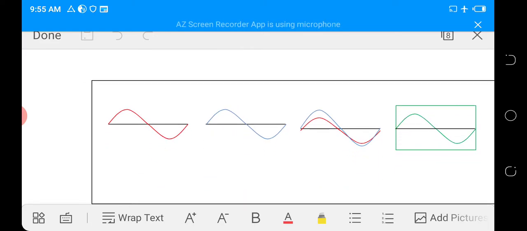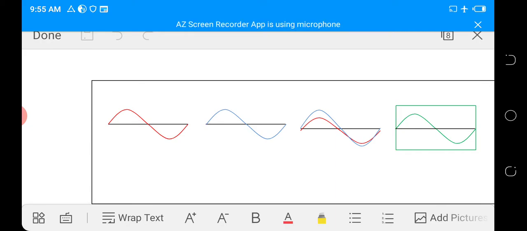In this first diagram, there are two waves, the wave in red color and the one in blue color. They are superimposed and they are in phase. So the wave produced is a wave of double amplitude.